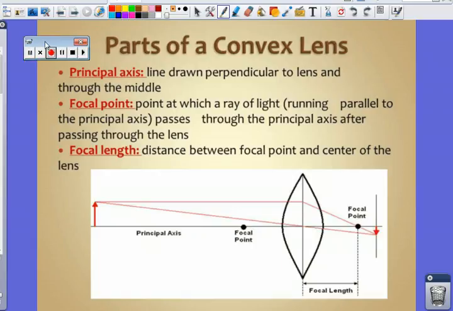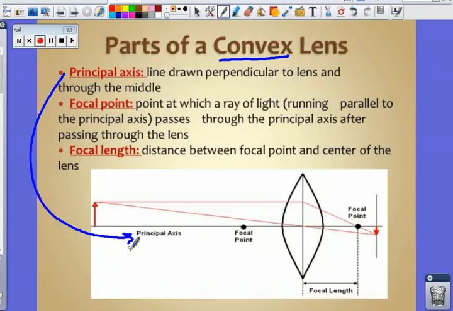As far as things we need to know, the parts of that convex lens, things that you need to be able to draw. You've got a principal axis, the axis straight through the center of the lens. You've got a focal point, the point at which the ray of light passes through the axis and then through the lens. For a lens you have focal points on both sides.